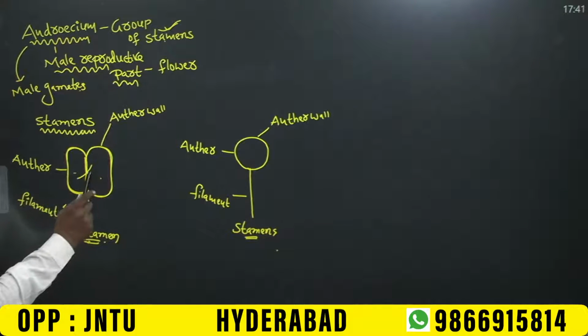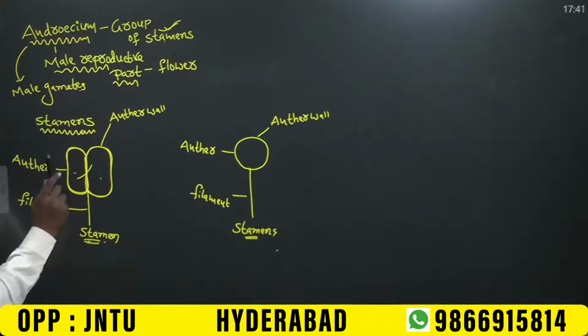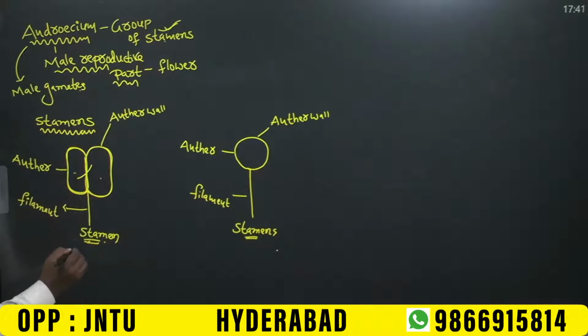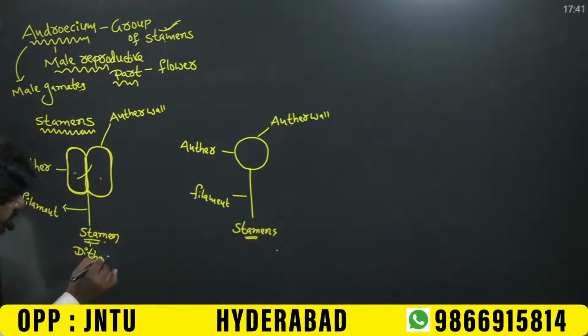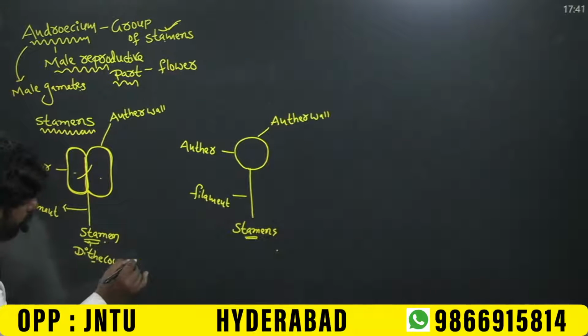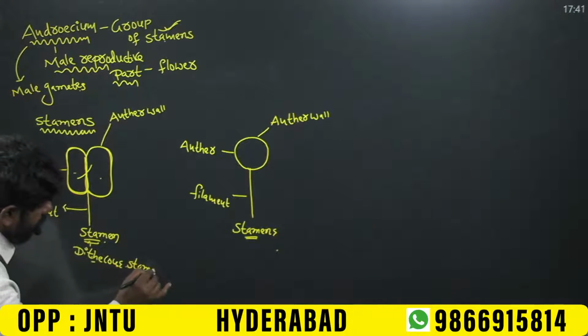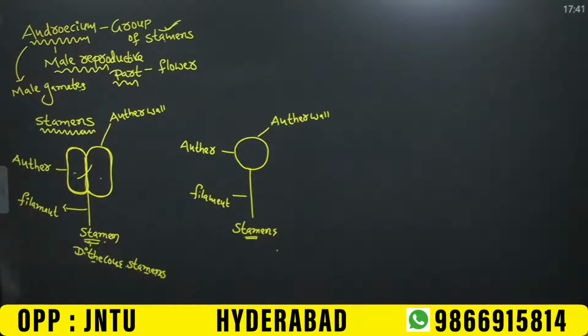Because of two lobes or two thecas in the anther, these stamens are called dithecous stamens.